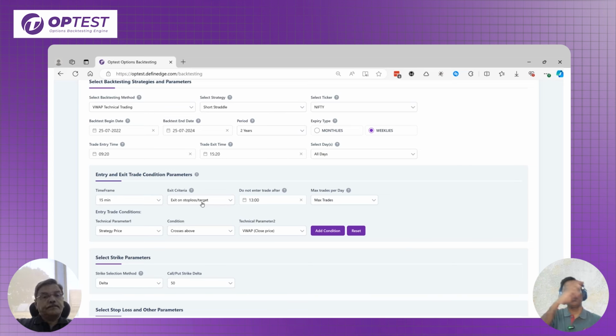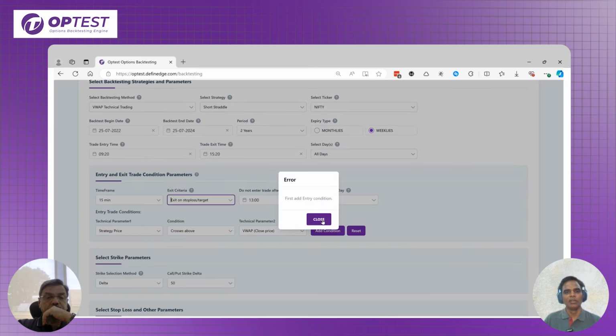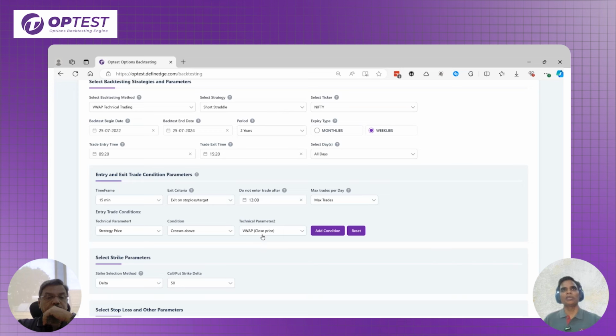In the VWAP, the strategy might go up above the VWAP and go below the VWAP. So your entry and exit can be based on that. Okay, or it can be based on stop loss or target price. So you can select exit criteria. So here, let's say I want to exit on trade criteria, which in this case is based on the VWAP thing, right?